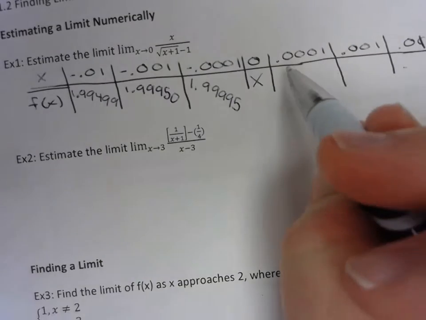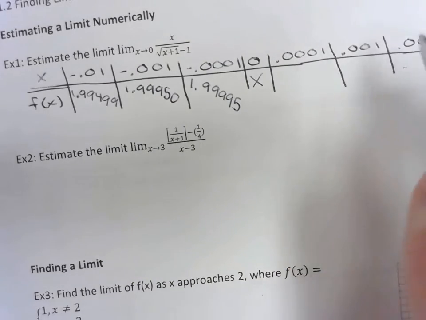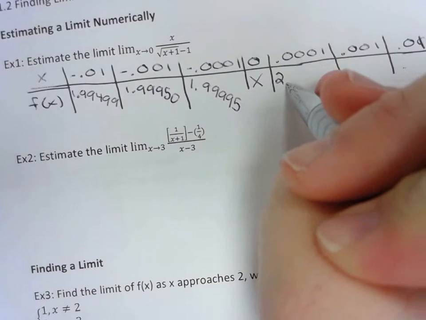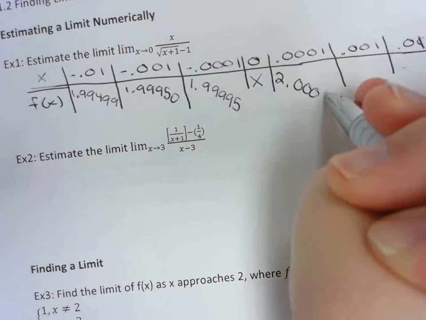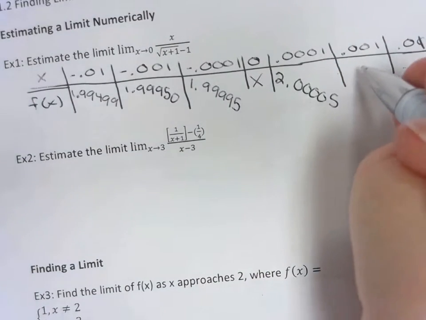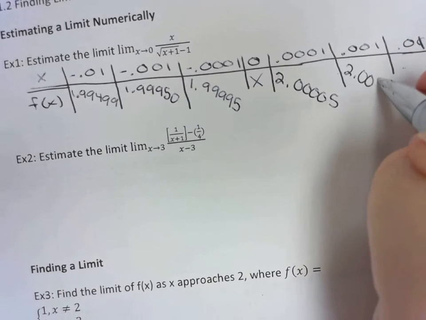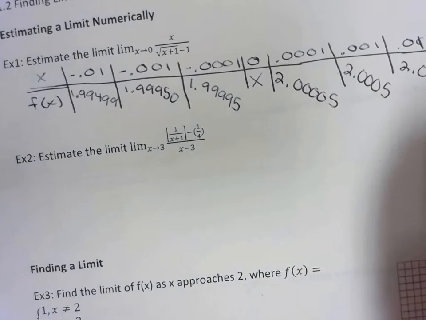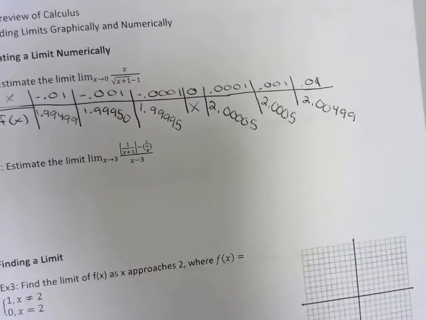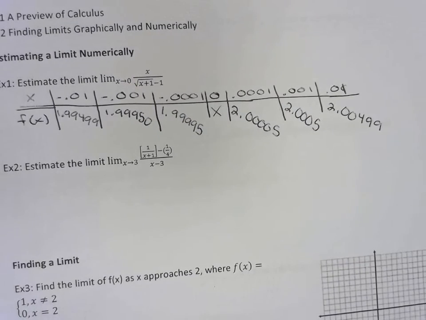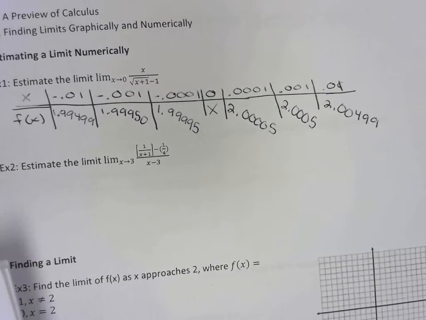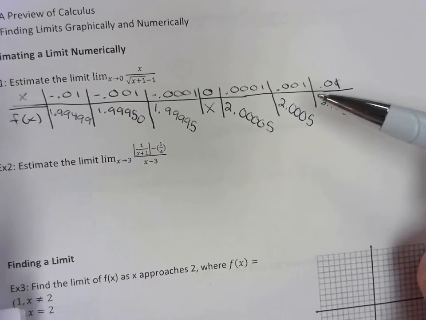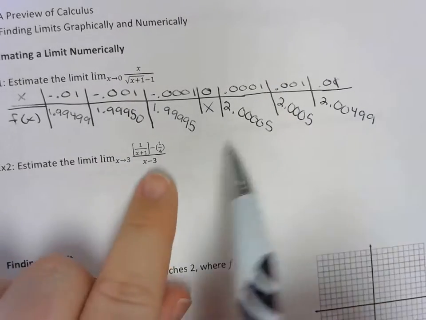And as I go through and plug in 0.001 and the positives over here, I end up with 2.00005, 2.00005, and 2.00499. Now as I look at this, you can literally see, as I go from the left and the right, that my y values seem to be approaching 2.